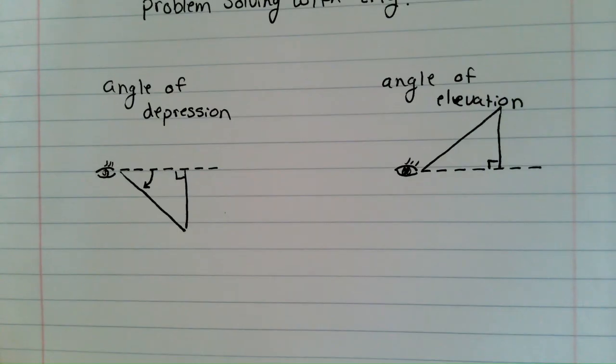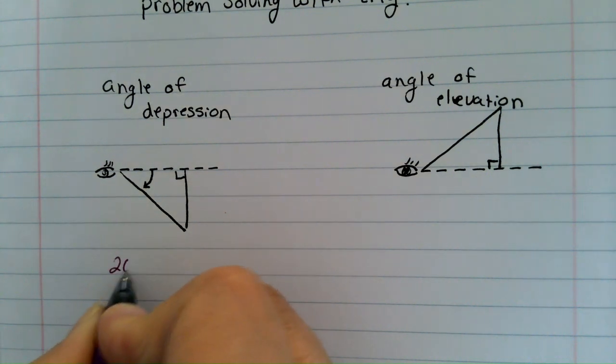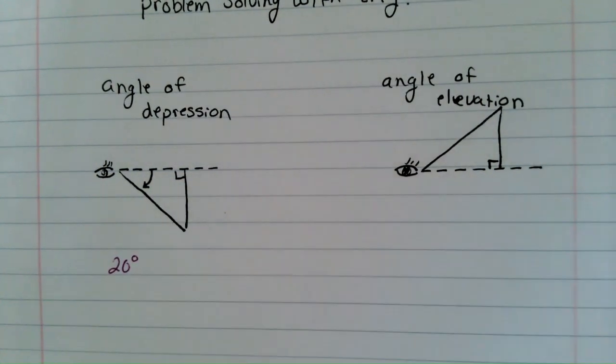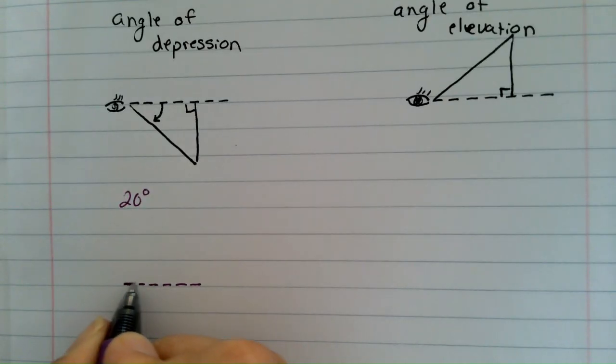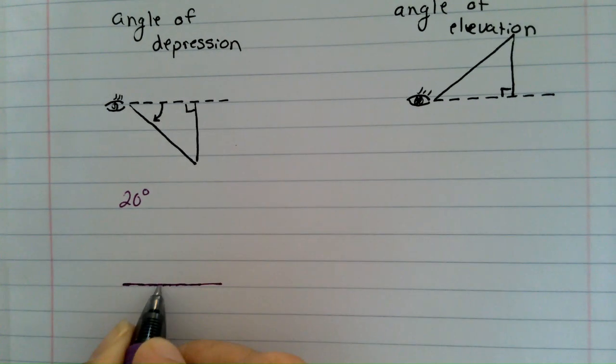So I want to compare an angle of depression and angle of elevation of the same measure. And I want to notice something. So we're going to do a 20-degree angle of depression, and then we're going to do a 20-degree angle of elevation. So we're looking out, and we've got to depress by 20 degrees.